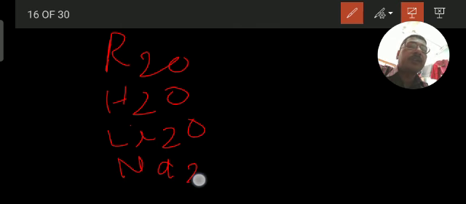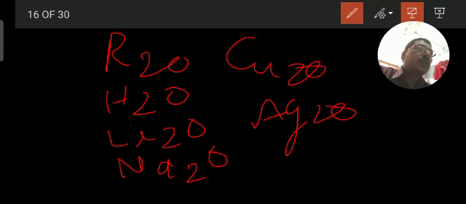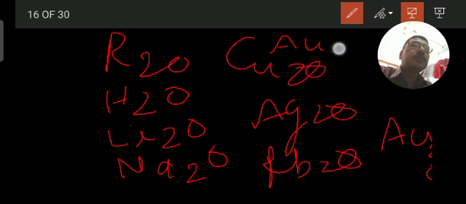And you will be able to understand. Suppose R2O is the general formula. Based on this R2O, what are the oxides? Hydrogen H2O, lithium Li2O, sodium Na2O, then copper Cu2O, Ag2O, rubidium Rb2O, gold Au2O.